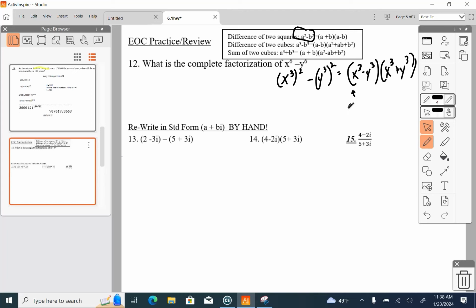Here I have a is x, b is y, and the same thing here, a is x, and b is y. So each of these actually turn around and factor again. X cubed minus y cubed is going to factor as x minus y times x squared plus xy, because I'm just reading this line right here where my pencil's highlighting, plus y squared.